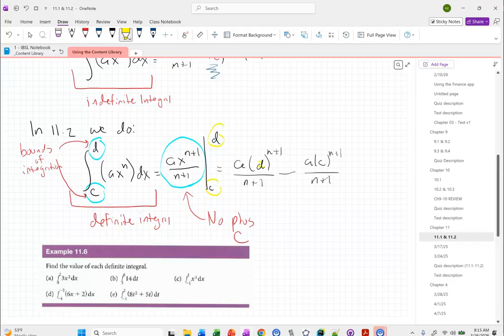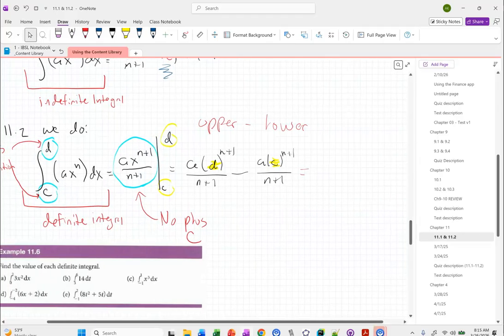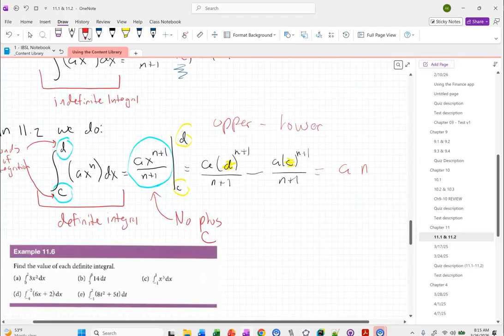Then we plug those bounds of integration into our new antiderivative formula and subtract them. It'll always be upper bound minus lower bound. And the result we're going to get is just a number.